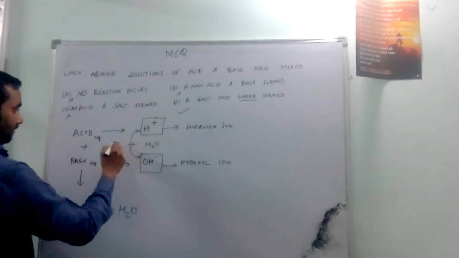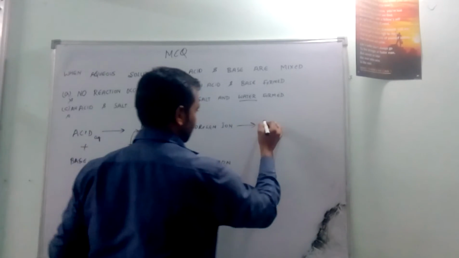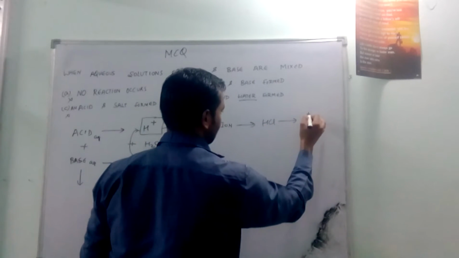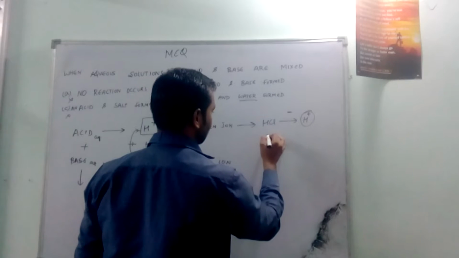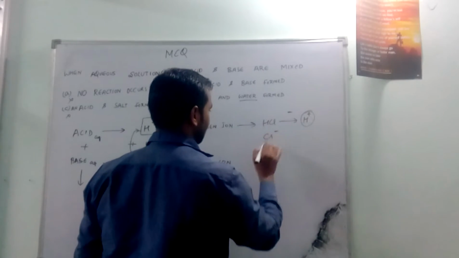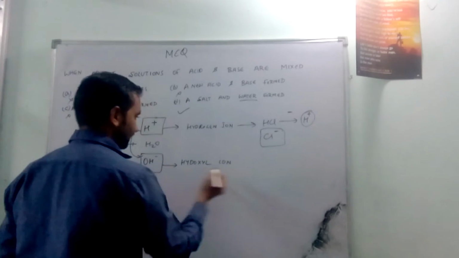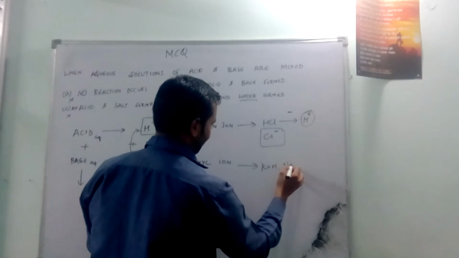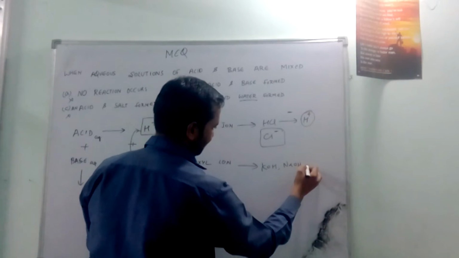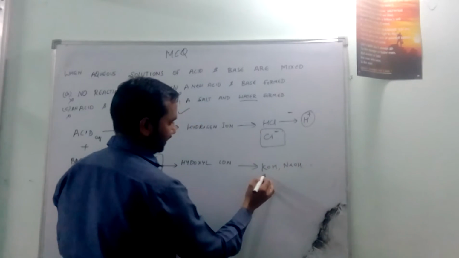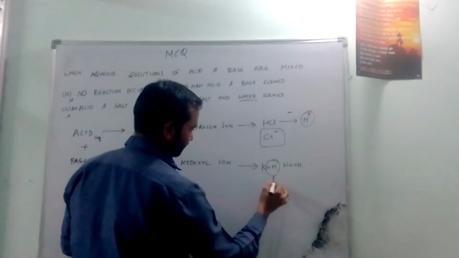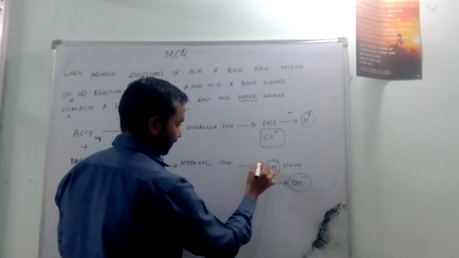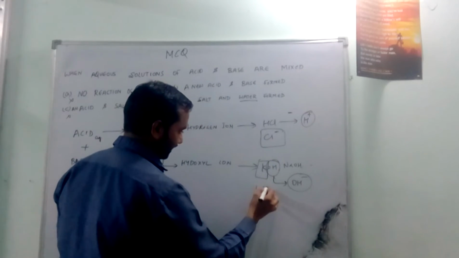Now from an acid, if I take the example of HCl, if hydrogen is removed, what will happen? There is Cl negative. Similarly, for any base like KOH or NaOH, if we remove OH negative from the compound, what is remaining? It's K plus.